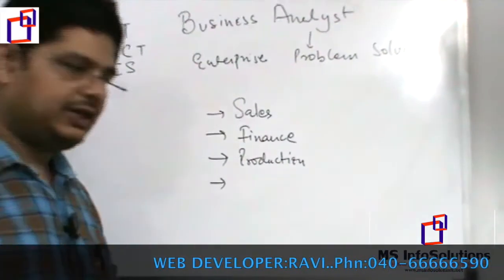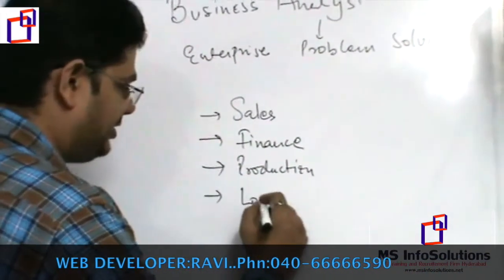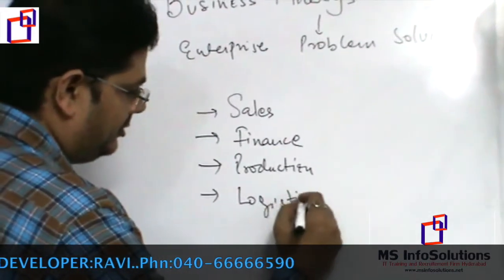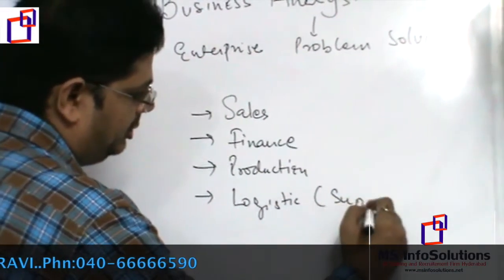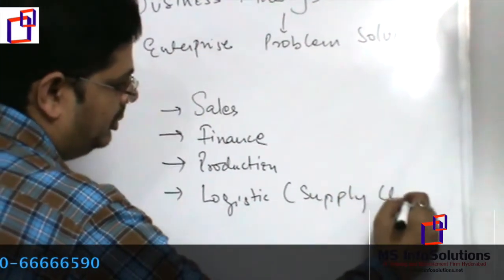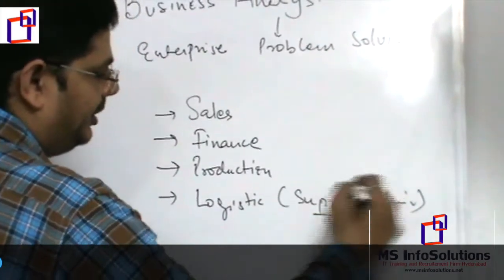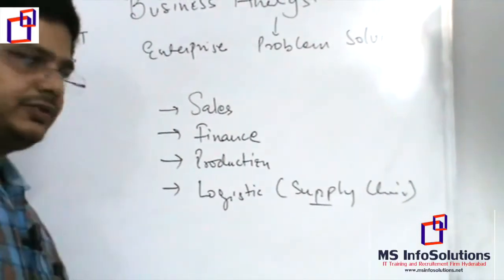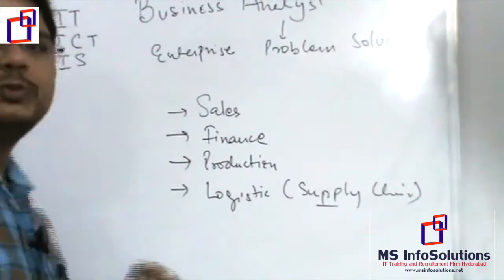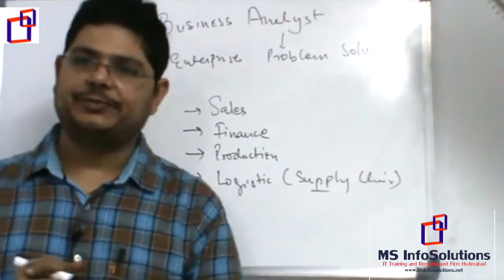Also, we have logistics or supply chain, we should say. Supply chain is a bigger part of logistics. And apart from this, there are so many other operations we have in every company.